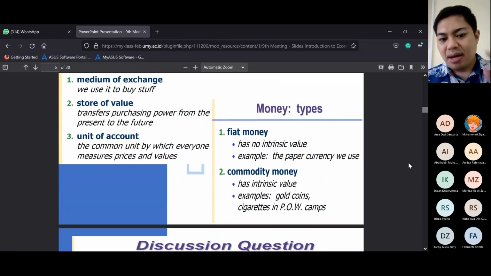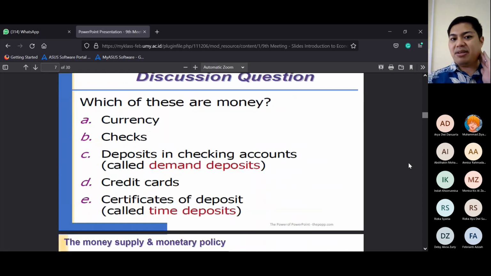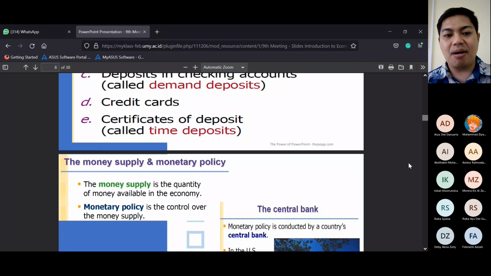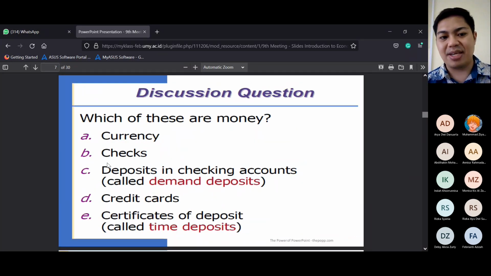Okay, here are the discussion questions. Which of these are money? Let's see. All of these are money, actually. Currency, checks, deposits, credit cards, certificates of deposit are money. Why?